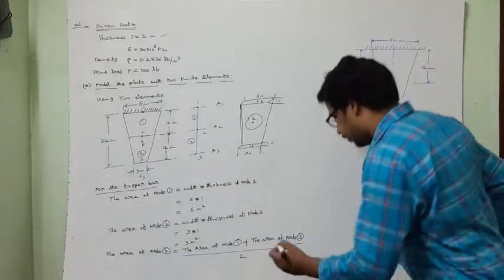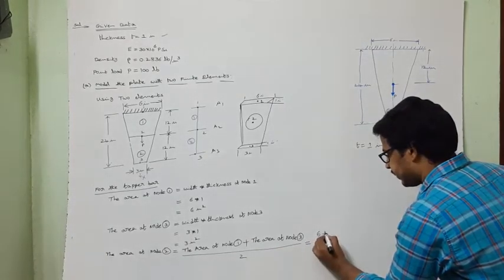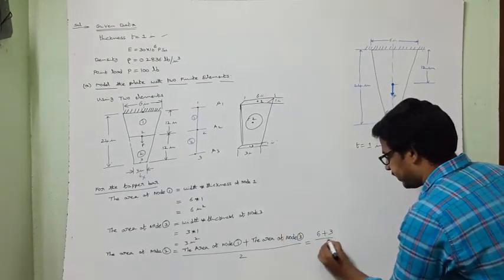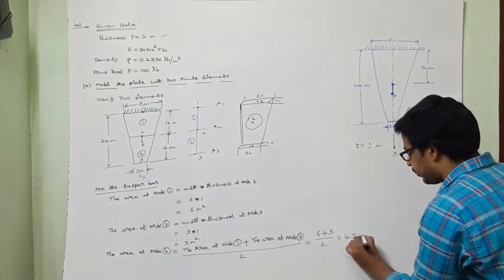So 6 plus 3 is 9, divided by 2, is equal to 4.5 inches square.